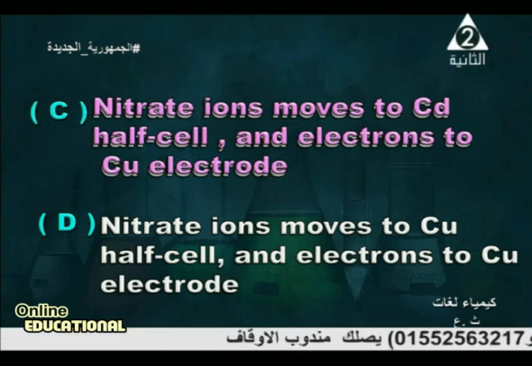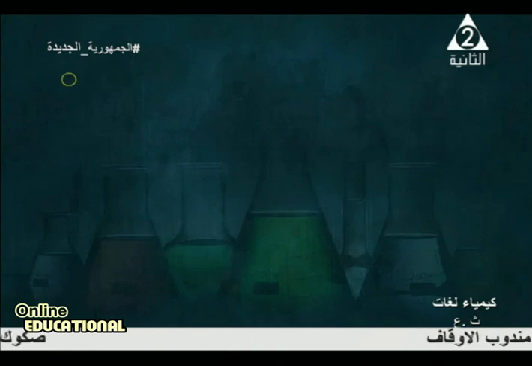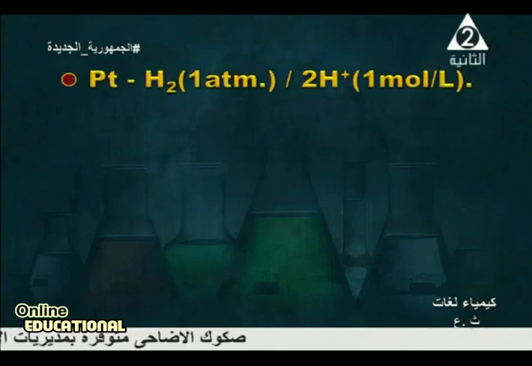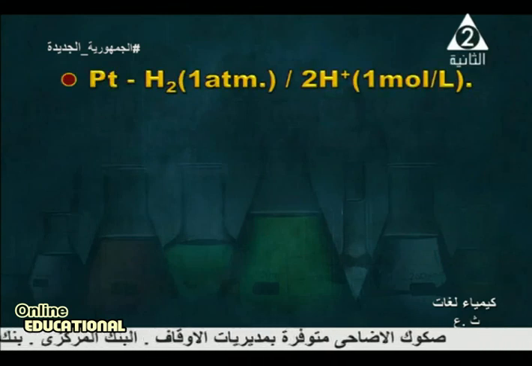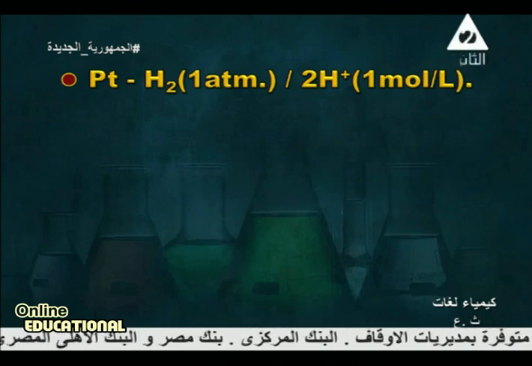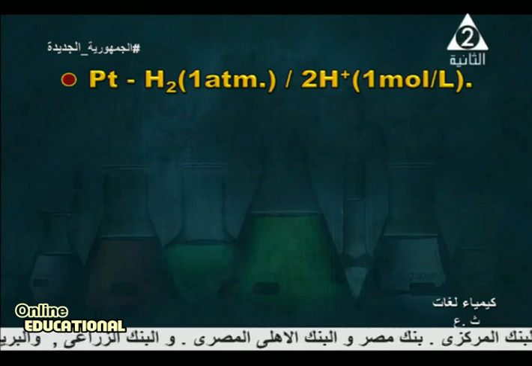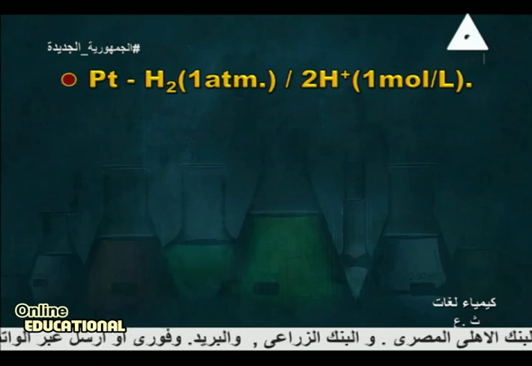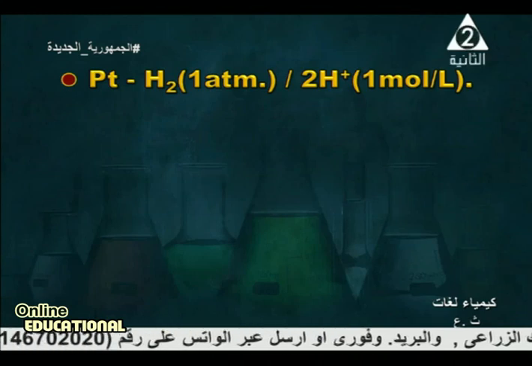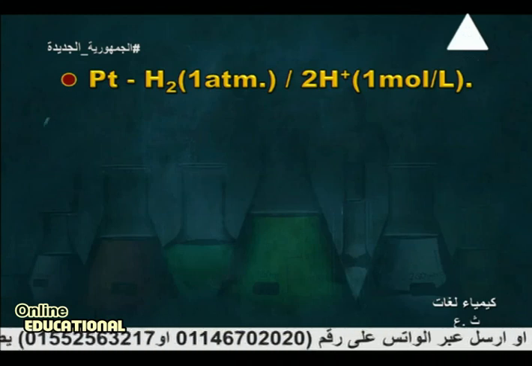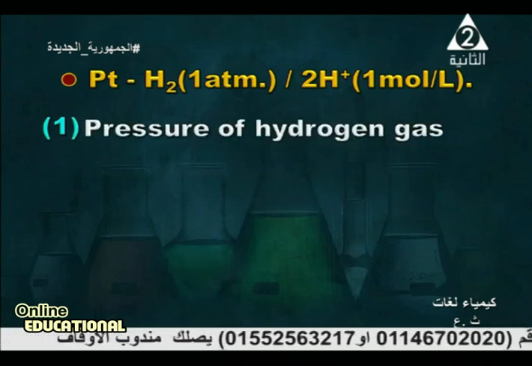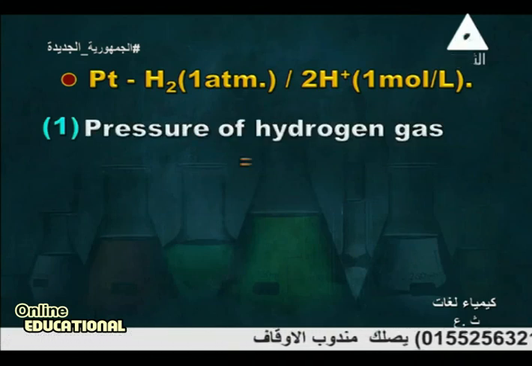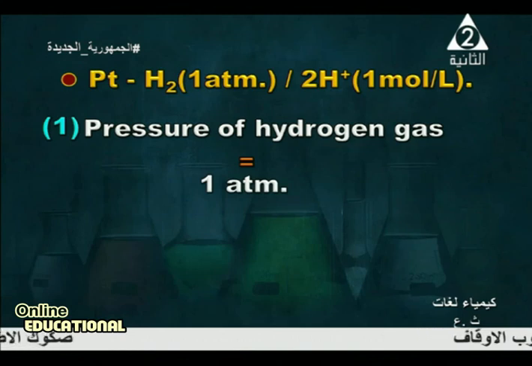Part C. We have a question. This question tells me Pt, platinum, H2, 1 atmospheric pressure, H2 slash 2H+, 1 mole per liter. Do you think what this means? I say number 1, the pressure of the hydrogen gas equals 1 atmospheric pressure. Do you think that's right?